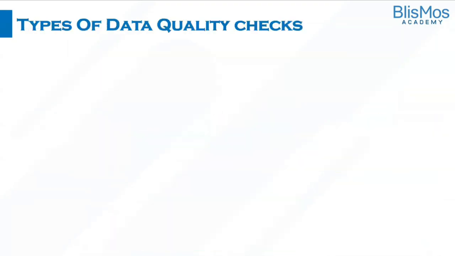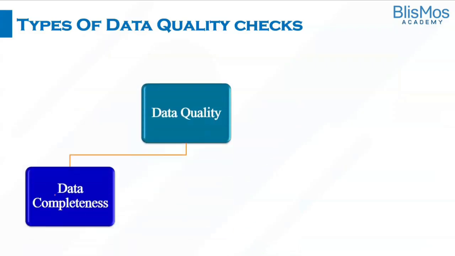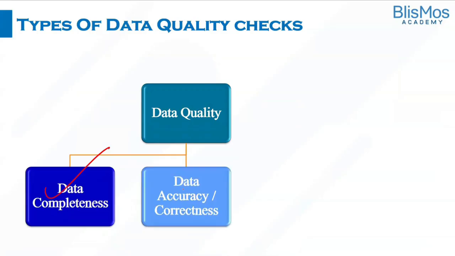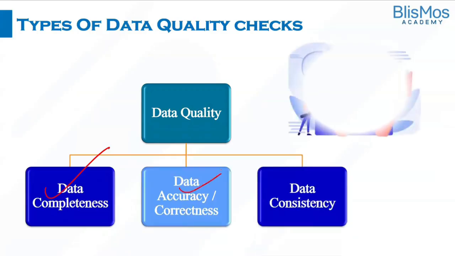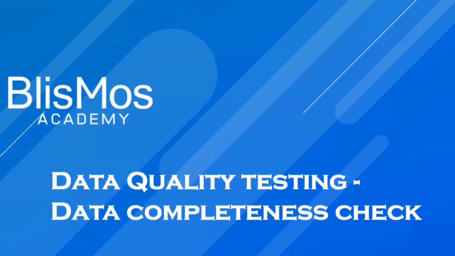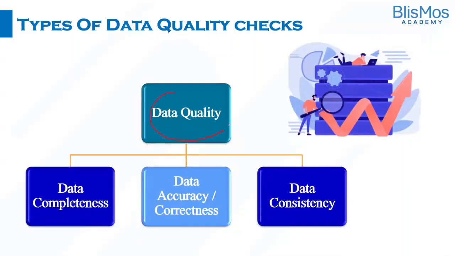In data quality, we have different dimensions like data completeness, data accuracy or correctness, and data consistency. As a part of data quality, we need to check data completeness, data accuracy, and data consistency. So we'll move forward to understand what is data completeness.